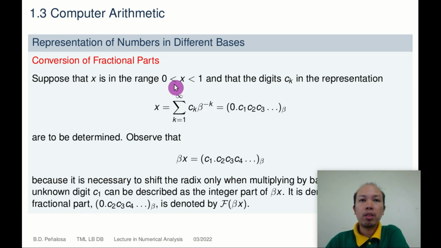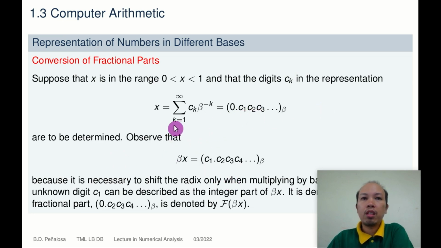Suppose that you are given a real number, which is of course a fraction or a decimal, because as you can see here, it is between 0 and 1. This is very obvious from this notation. We use our digits. We have here C sub k as our notation for the digit. So this is the tens, hundreds, thousands, and so on.